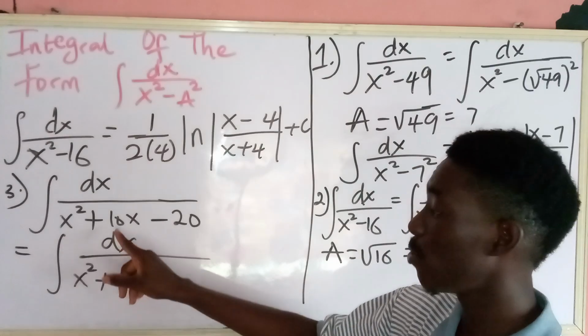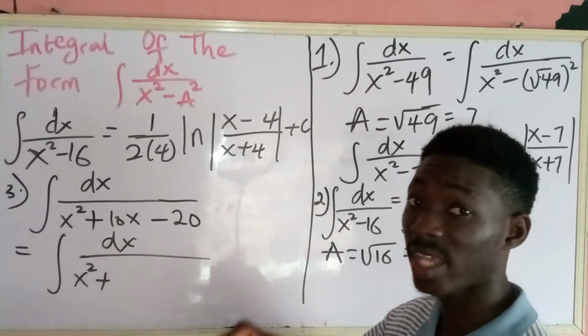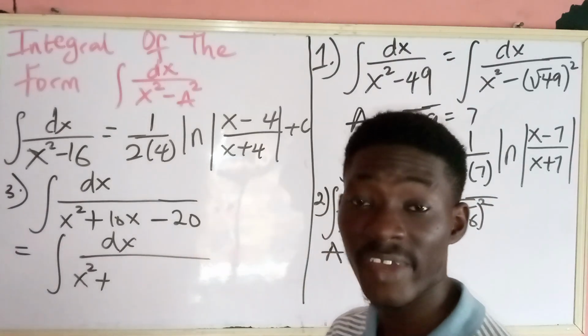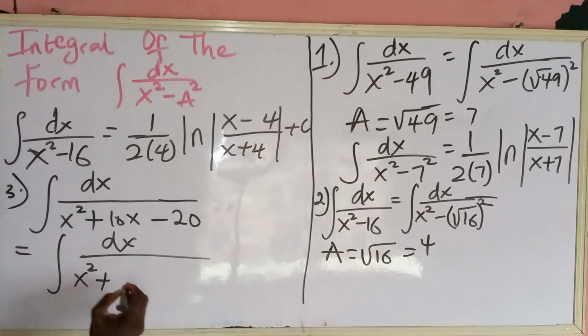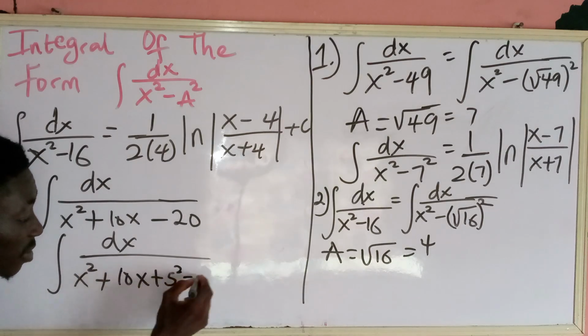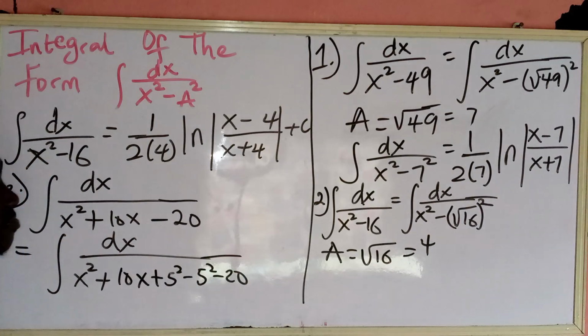The next step is looking for half of this and squaring it. We have 10 here, and half of 10 is 5. That means I'll put a square on that, 5 squared. So that means here becomes x squared plus 10x plus 5 squared minus 5 squared minus 20.